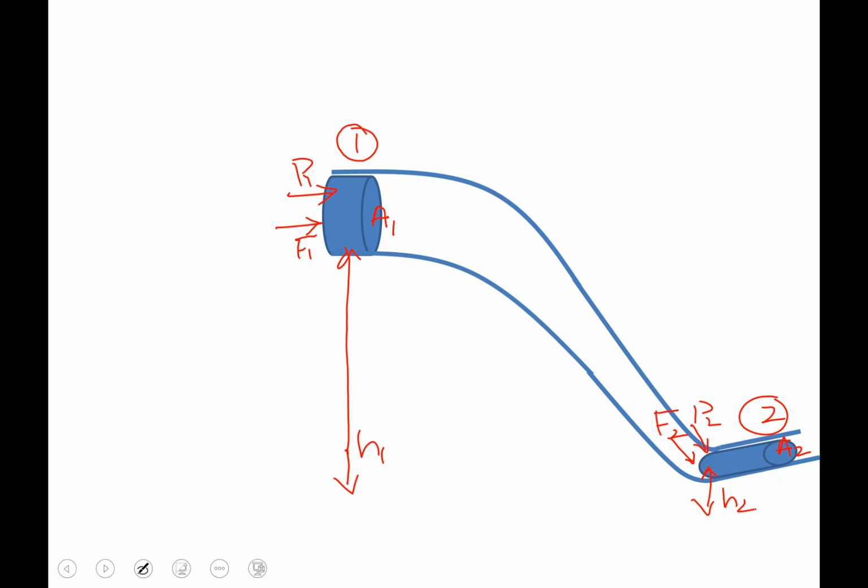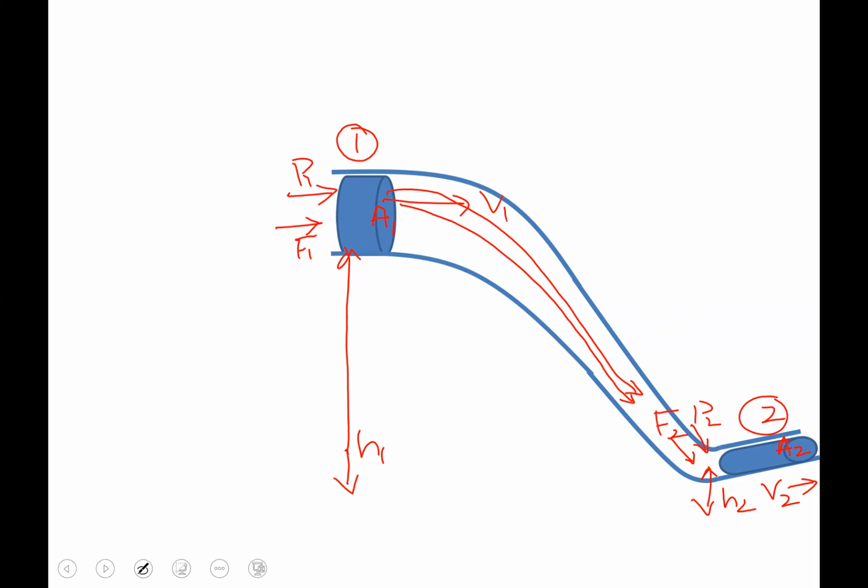And what about the velocity? The velocity at the higher point is going to be lower, but as the fluid goes down the pipe, the velocity will increase. Let's call the velocity at point 2, which is going out of the pipe, V2, and the velocity going into the pipe, V1. There is a displacement because of pressure and force.